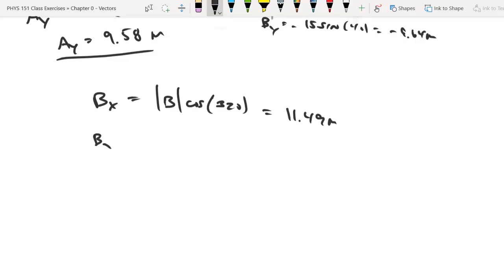Or we can also say By is the magnitude of B times the sine of 320, and your calculator will recognize that 320 degrees is in the fourth quadrant and adjust the sine appropriately, and this will come out to negative 9.64 meters.